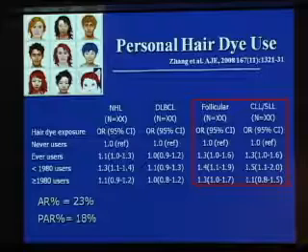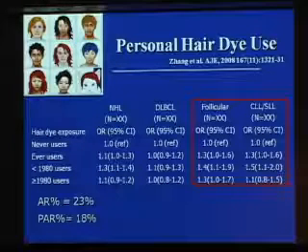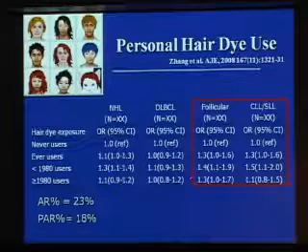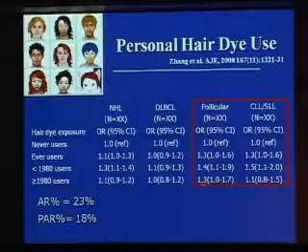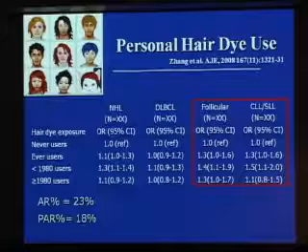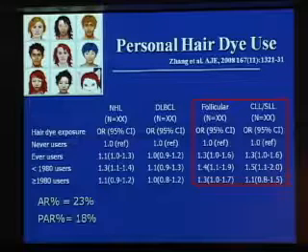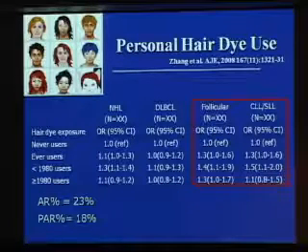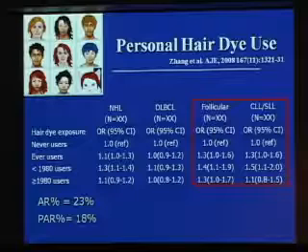But from this pooled analysis, we also found a signal for the women who started using hair dye after 1980. So right now we really cannot see that the current products are really safe products.